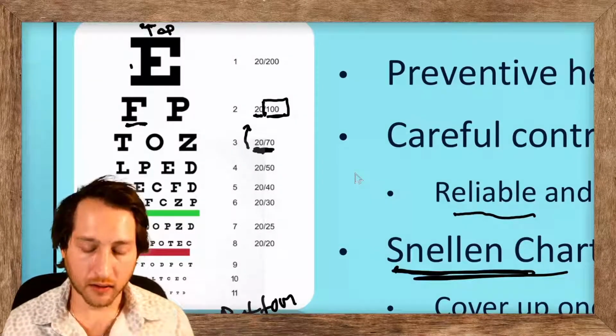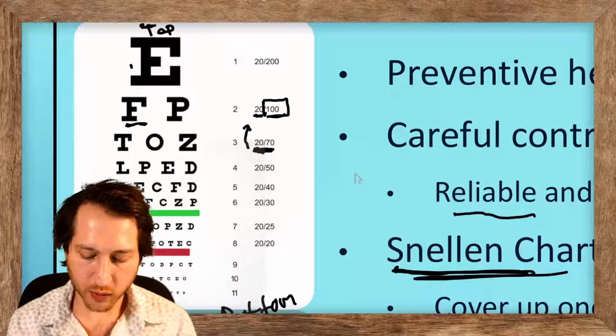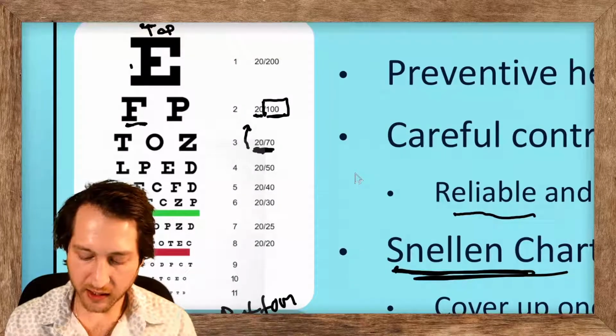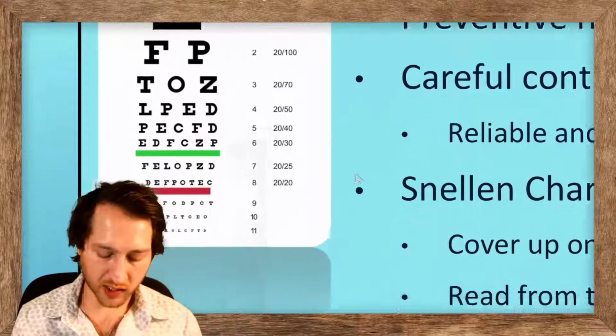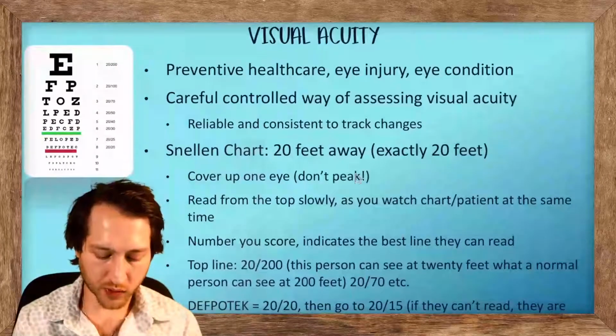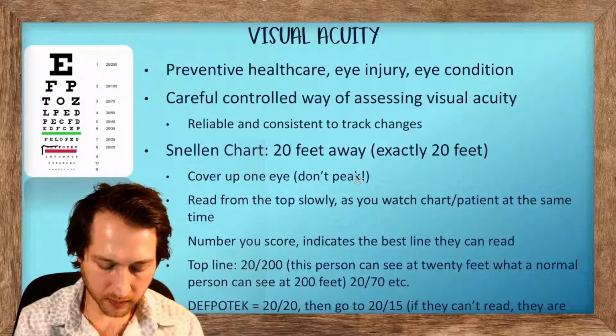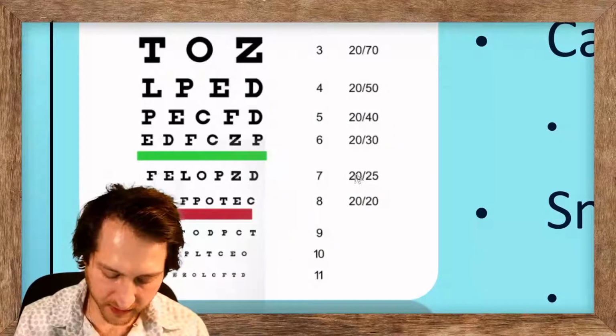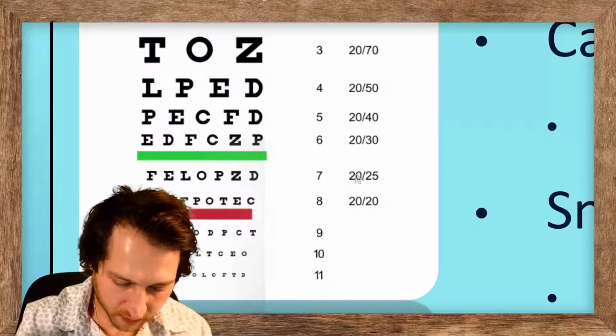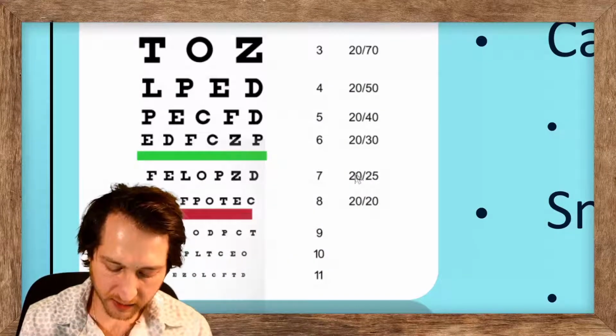So what would that look like? If that person had 20/20 vision and they were standing 20 feet away from this chart, they would be able to read this line down here, which is called, sorry, let me erase that so you can see. It's the DEFPOTEC.